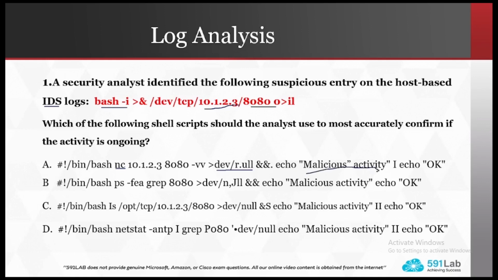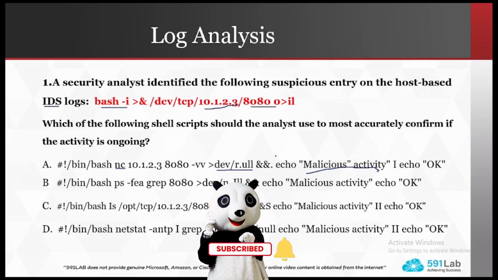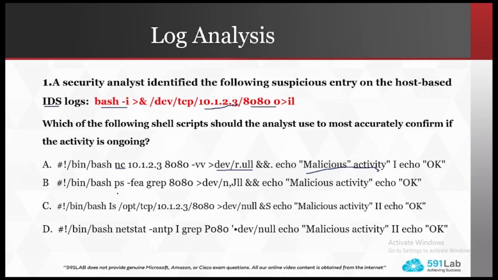You can implement this using a bash script, as we have seen already. For B, the script uses ps via to list all processes and pipes the output through grep 8080 to filter for any process related to this port. It then writes the output to a file named dev with some extension.